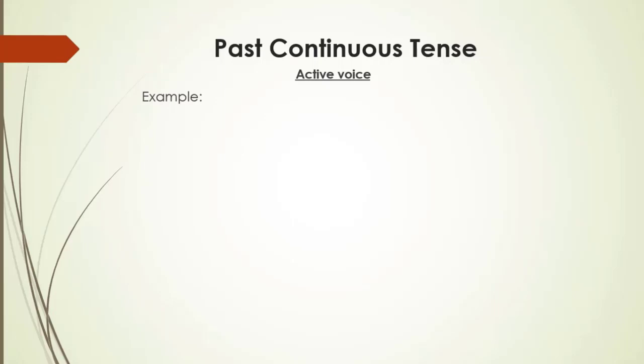Active voice sentences of past continuous tense are: Hamid was singing a song. To indicate the past continuous tense, we have to use helping verb was or were according to the subject. They were solving their questions.